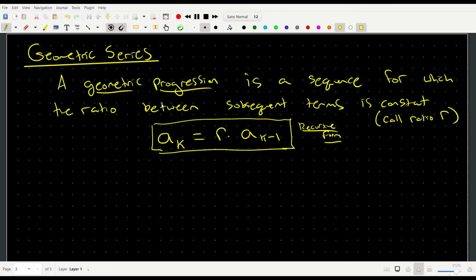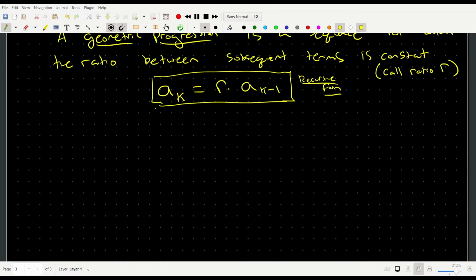It's relatively straightforward to go through and get the explicit form of this geometric progression in a similar manner to how I did it for the example in the last lecture. I encourage you to do this. Essentially, I'm going to start at a_0 and then go to a_1, a_2, and so on and so forth, all the way to infinity.